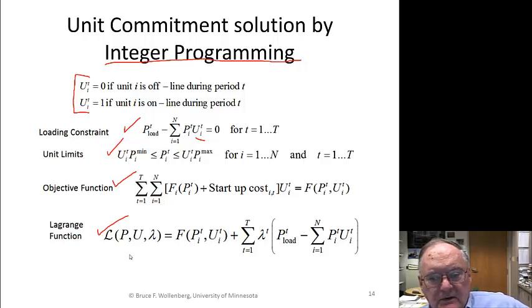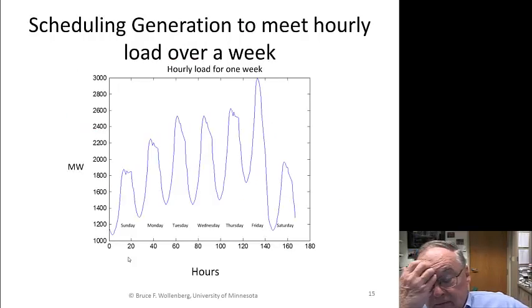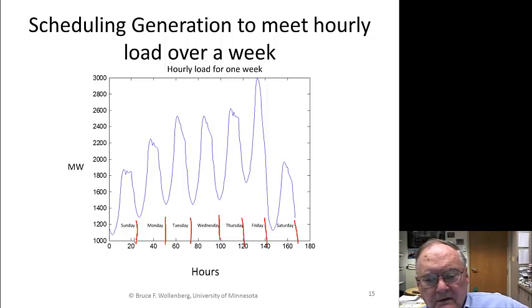And as I said, this is fast becoming the standard way of solving it now that these integer programming solutions have been developed. Here's an example of a week of load. Here's Sunday, so we're going out 24 hours here. Then we do Monday, Tuesday, Wednesday, Thursday, Friday, Saturday, back to Sunday.